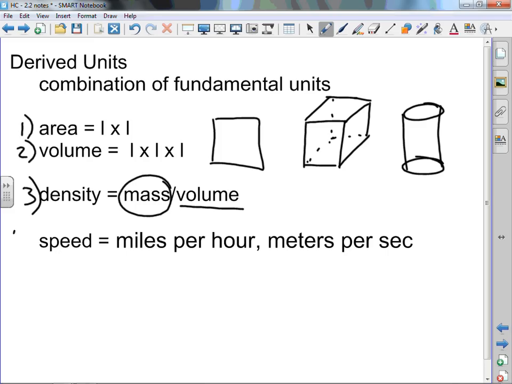Another common one that people know about, just the speed of an object. Miles per hour, meters per second. How far an object travels in a certain amount of time. There will be quite a few derived units that we will learn in chemistry. We will begin to learn those in this chapter.